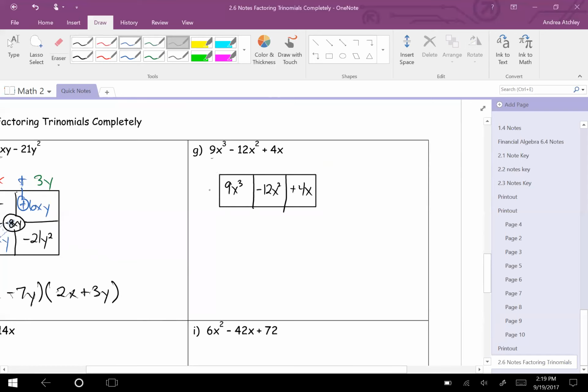And I can divide everything by x. That'll give me 9x squared minus 12, just an x, take 1 away. And then plus the 4, again, I take away an x, and there's none left. We're going to see if we can factor it any further by using our box.